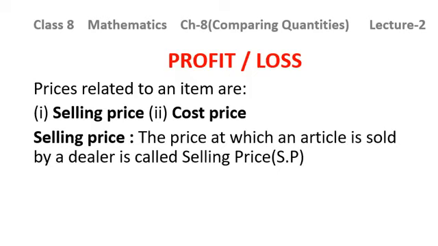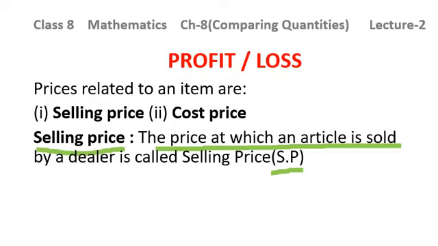The price at which an article is sold by a dealer is called selling price, written in short as SP.